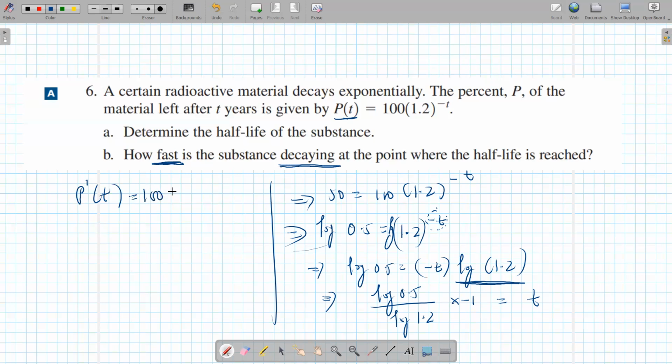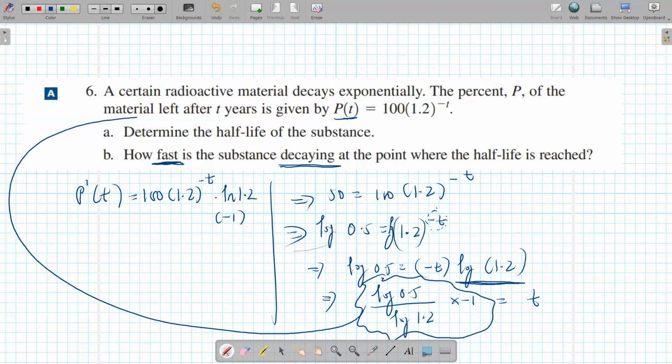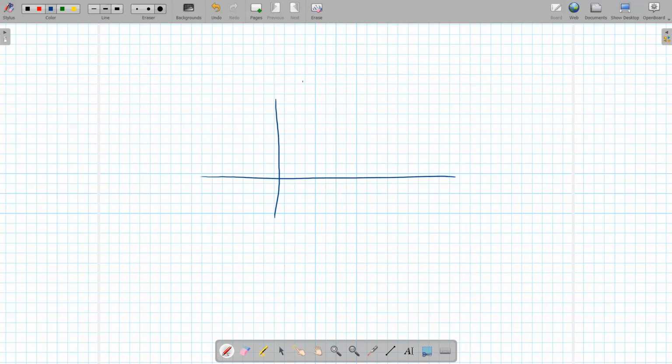You're going to rewrite it as it is, exactly the same, and then ln of 1.2. What about the chain rule component? You get a negative 1. Yeah, you get a negative 1. There you go. And whatever the answer to this was, you're going to plug that back in here as t to find the final answer for part B.